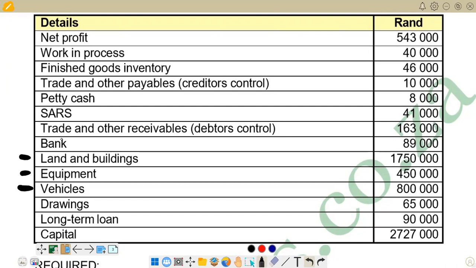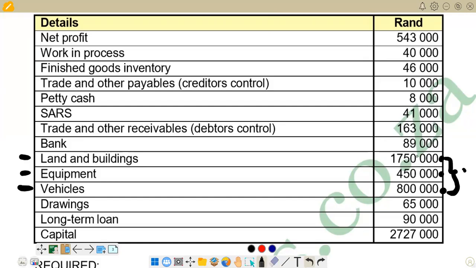What we are going to do is take the figures we have for land and buildings, which are 1,750,000, 450,000, and 800,000. We add these three, and the total represents our non-current assets. We are going to list property, plant and equipment, and vehicles, and then put the total.